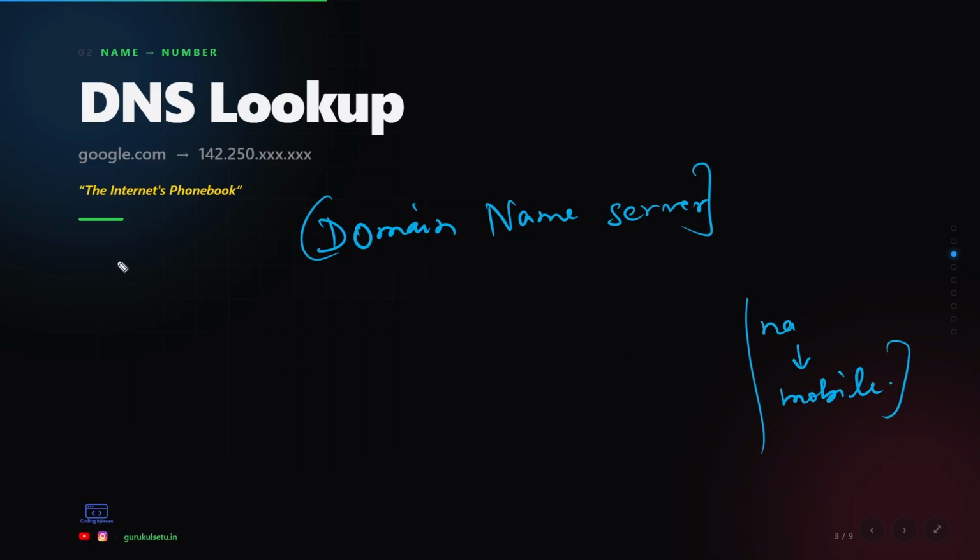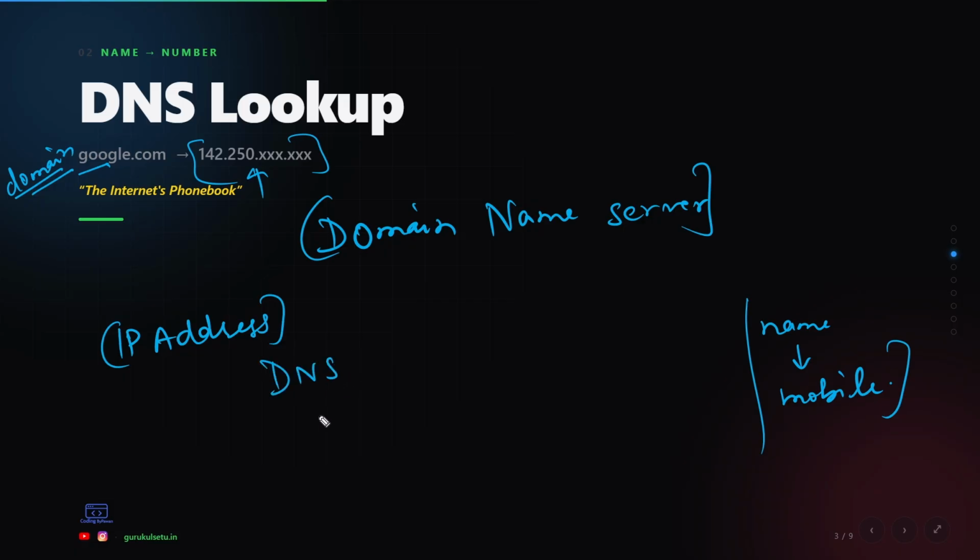Similarly, machines on the internet understand IP addresses, not domain names. Humans understand domain names, and these are IP addresses. Each device connected to the internet has a unique IP address, and it is very hard for us to remember them. That's why DNS comes into the picture, storing the mapping of domain to IP address.